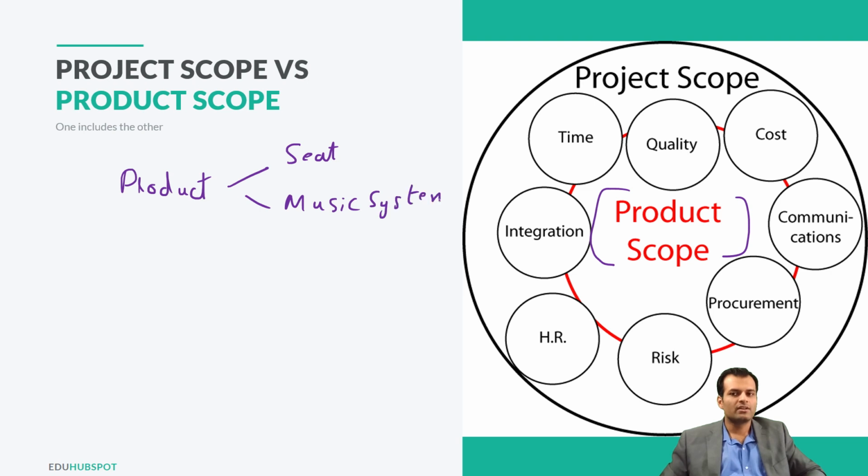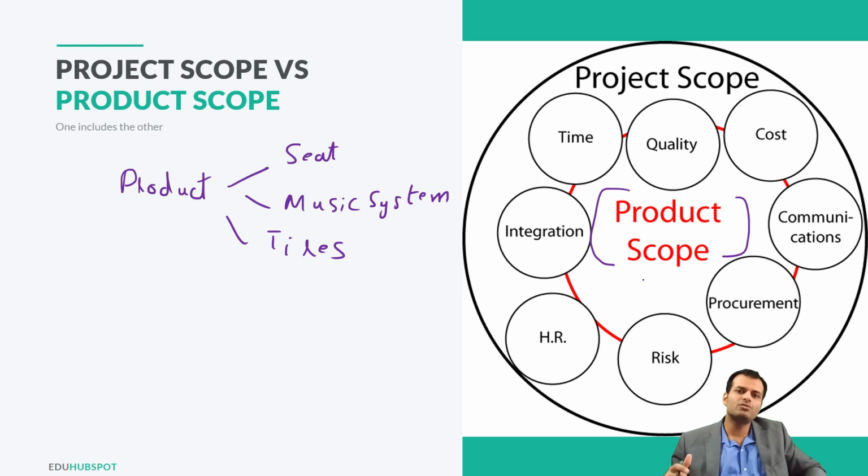Then I was also talking about the tires, right? All of those are actually my product related requirements. So product scope is those things. But the project scope is much more than the product. Like how I will get those heated seats, how I will get the configuration on the music system which I'm expecting, how I can get those tires.